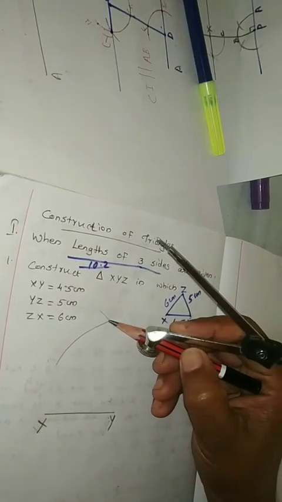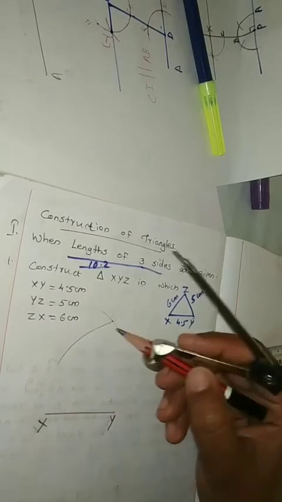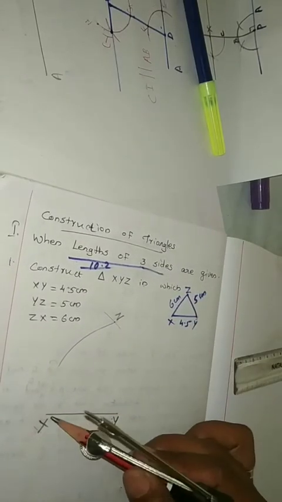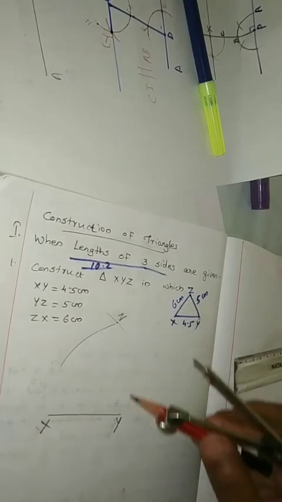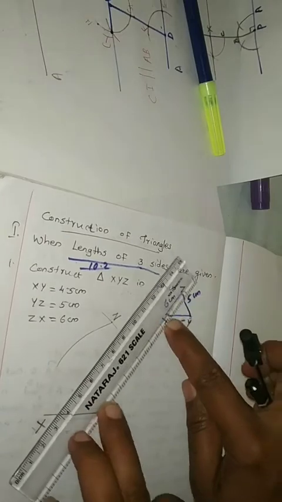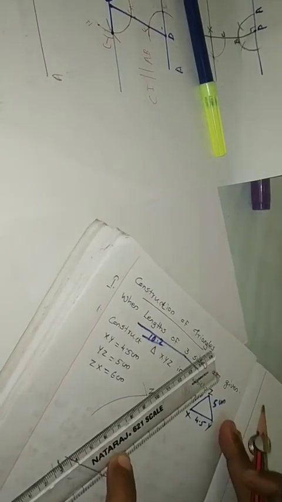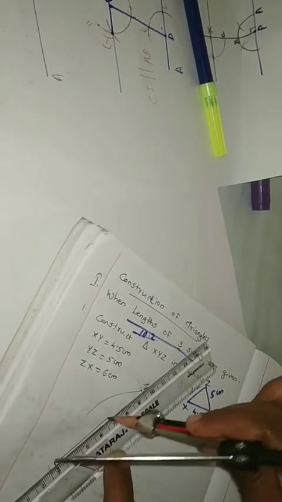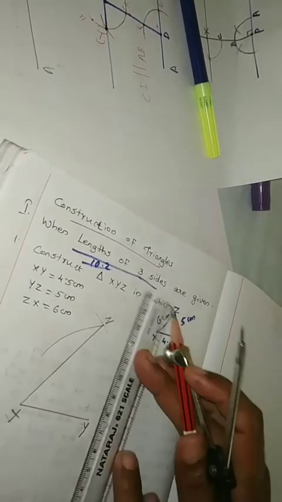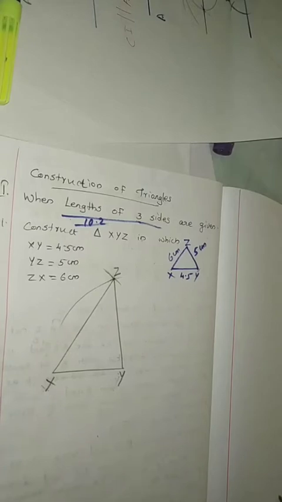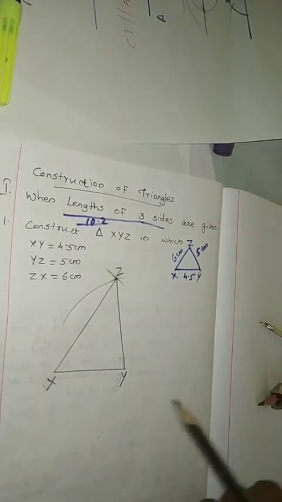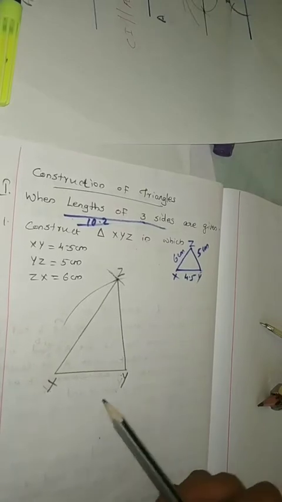Then this is the joining point of these two arcs. This point will be Z. Then join X and Z, then Z and Y. After that we have to write the length of each side.